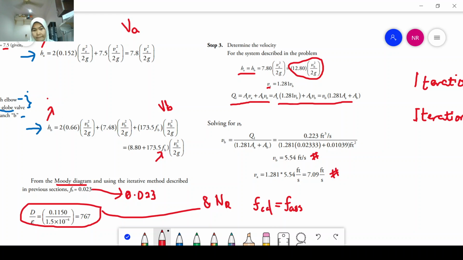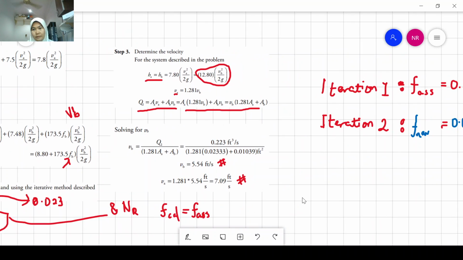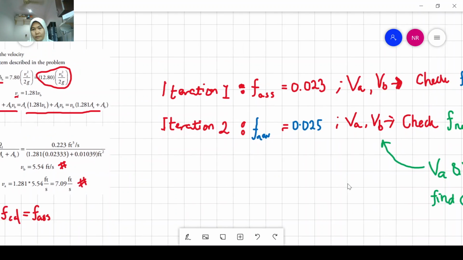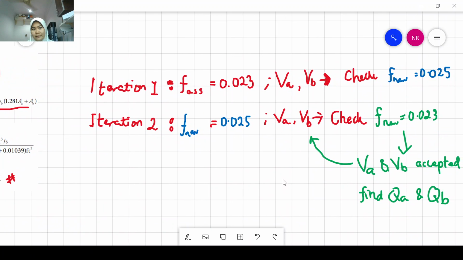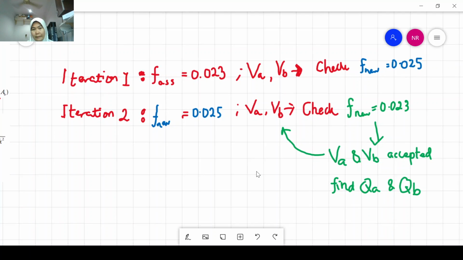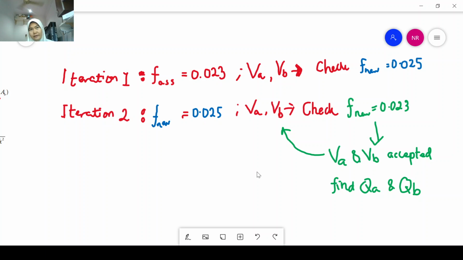Okay, let's check. Now I don't show you the Moody step to find F, and I will not show you the iteration because it will take a long time, and you already know how to do this, right? Okay, so this is the first iteration.